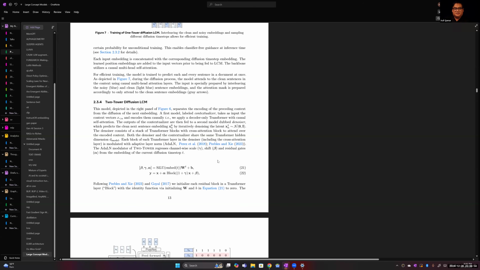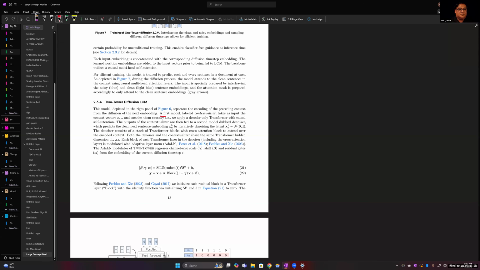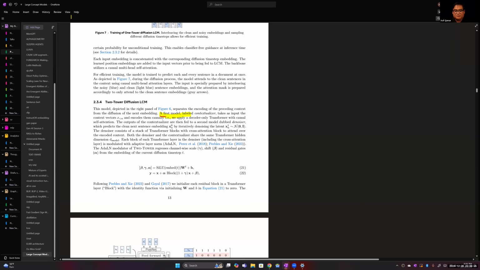So you have a contextualizer and a denoiser separately. Here it says the first model, actually, let me get to the highlighter. The first model, labeled contextualizer, takes an input context vector, that is the vectors so far, and causally applies a decoder-only transformer with self-attention. So this will produce the next one. The output of the contextualizer is then fed to a second model dubbed the denoiser, which predicts a clean sentence embedding by iteratively denoising the latent.